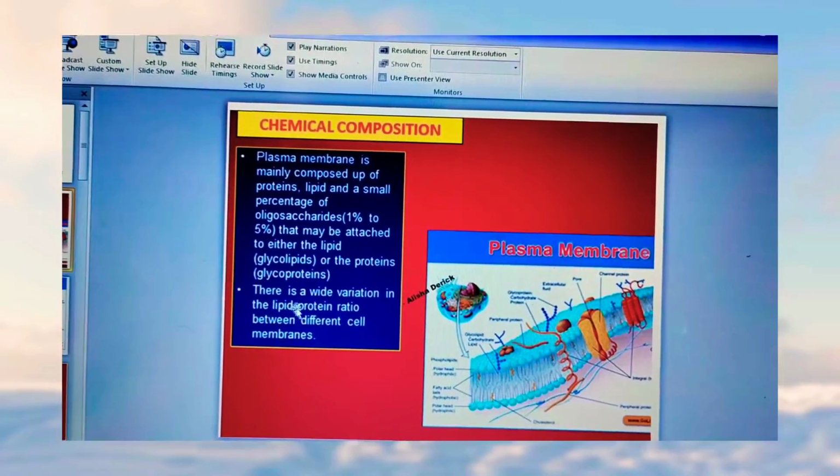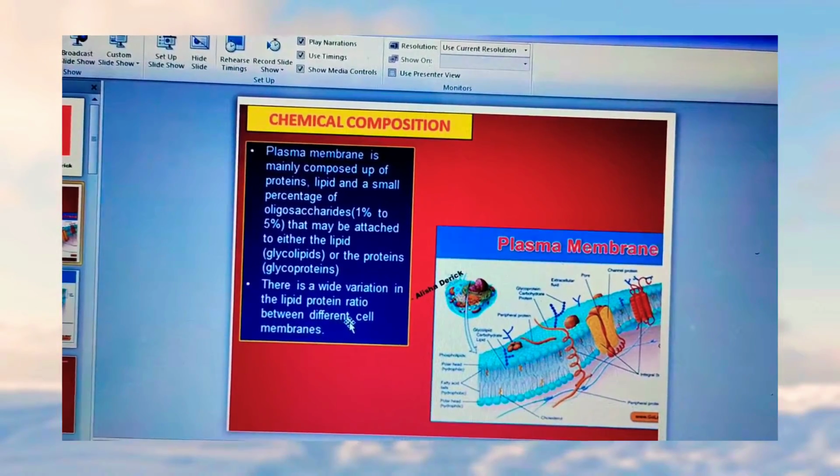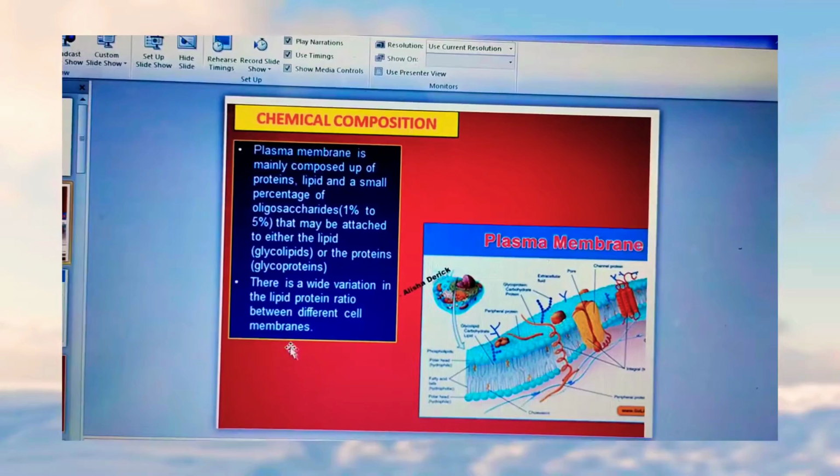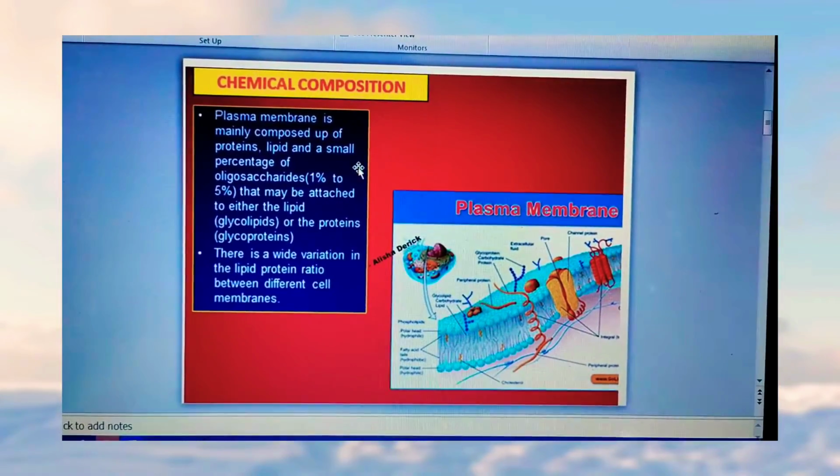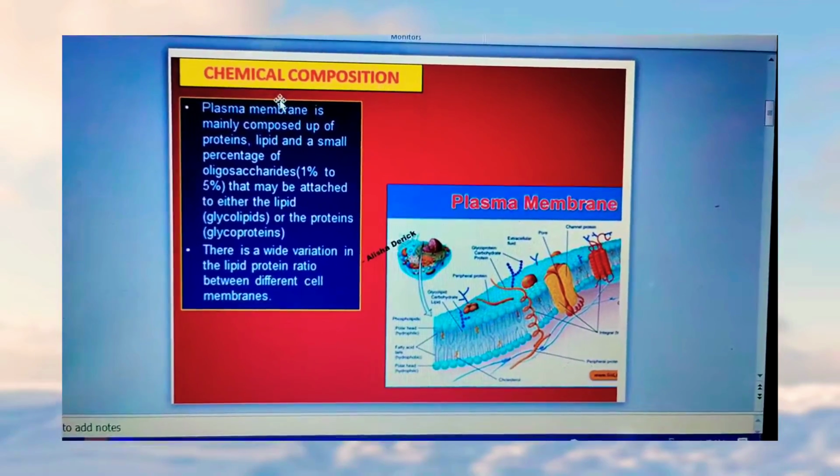There is also a wide variation in the lipid-protein ratio between different cell membranes, which we will see in the next slide. Now we have come to know the chemical compositions of a plasma membrane.